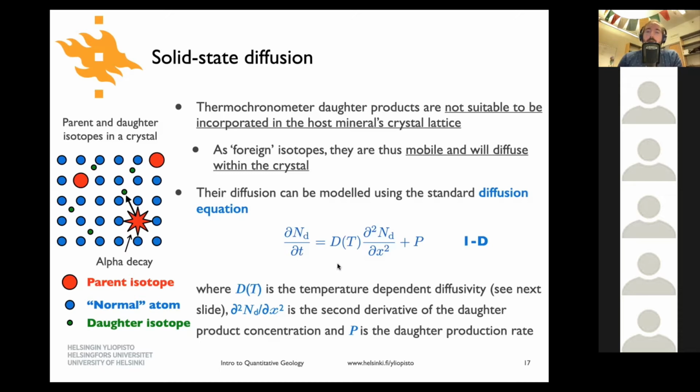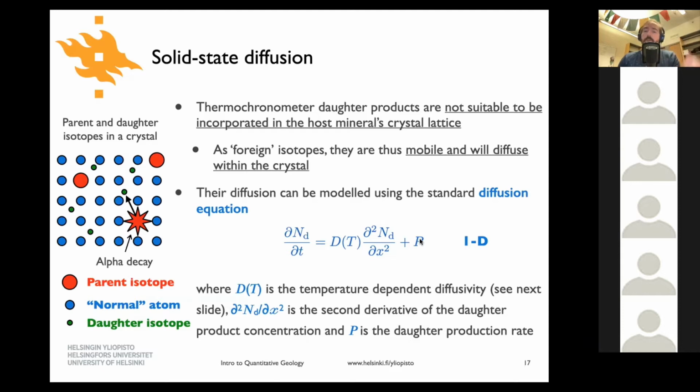And so here we have our diffusion equation. This might look somewhat familiar. Here we've got N_D for our daughter isotope concentration, so the change in daughter isotope concentration over time. Here's our diffusivity, D, as before. Then we have the second derivative of the daughter isotope concentration in space, plus some production term.